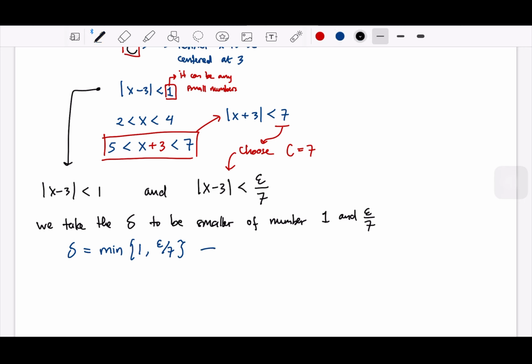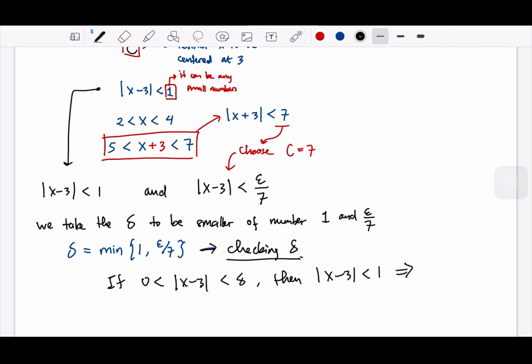and check with the original equation. So we are going to use this. Okay. So checking delta. So we have 0 less than x minus 3 less than delta. Or let me write if, okay, then x minus 3 less than 1.